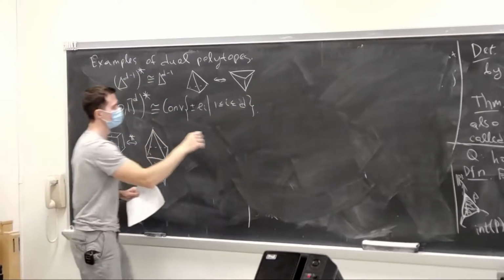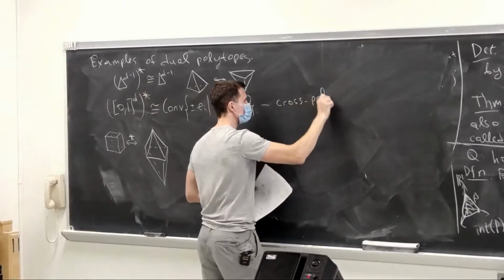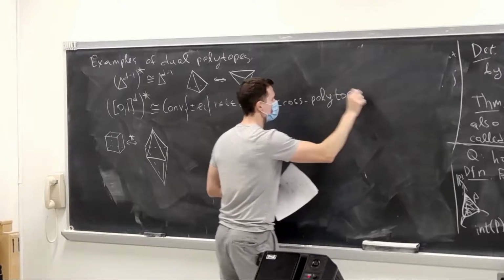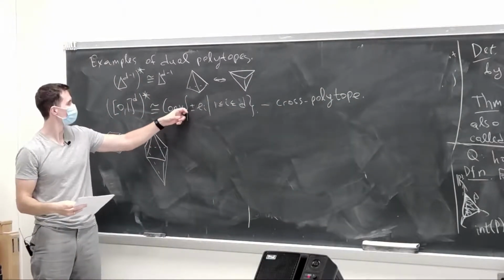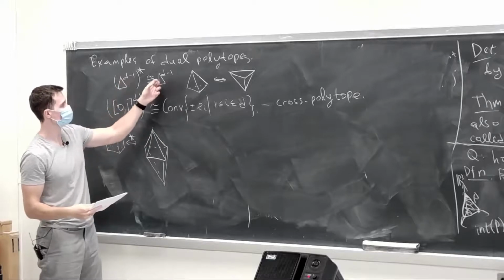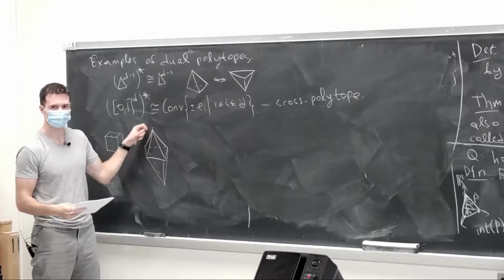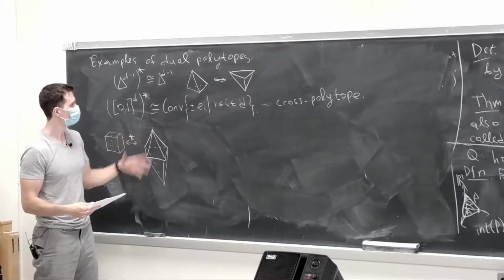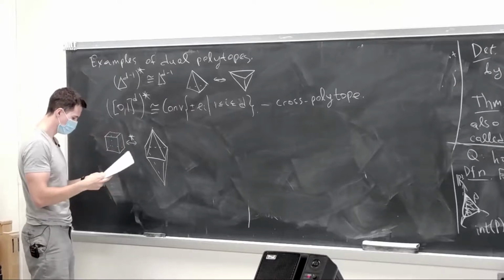And that is called the cross polytope. So it's a nice centrally symmetric polytope. Instead of the simplex where you take only the basis vectors, you take plus or minus the basis vectors, like for the octahedron here, and then you get the cross polytope. And it's dual to the cube.